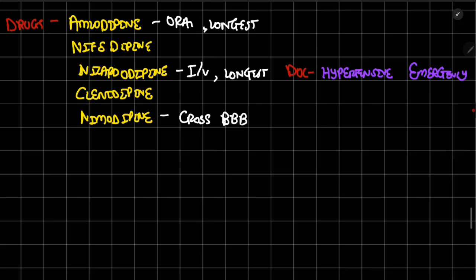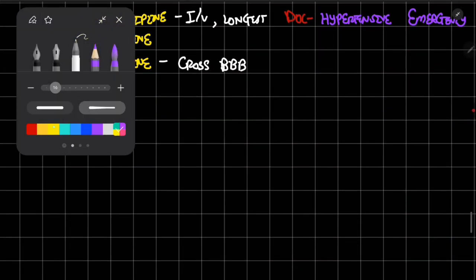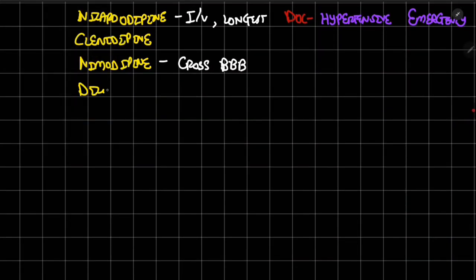Okay, now going to the drugs verapamil and diltiazem. Let me just write diltiazem. Now diltiazem, as we have seen, acts on both the heart and the blood vessels. Now tell me one condition where both are affected, and it is a very common condition.